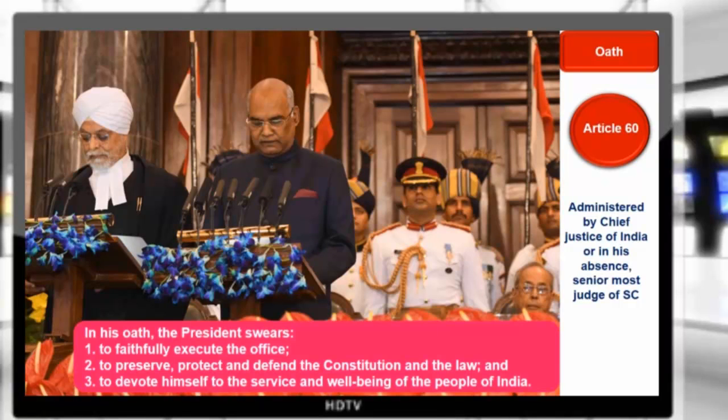Don't get confused, it doesn't mean that he is the custodian of the constitution. Supreme Court is the custodian, the guardian of the constitution. You will understand this better when I do Supreme Court. But in his oath only he says to preserve, protect and defend the constitution and the law.